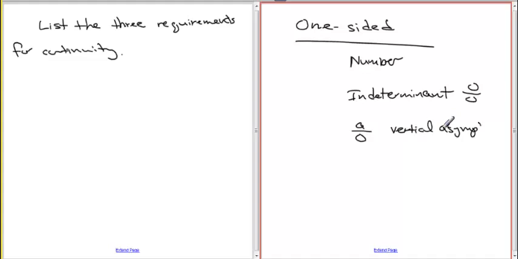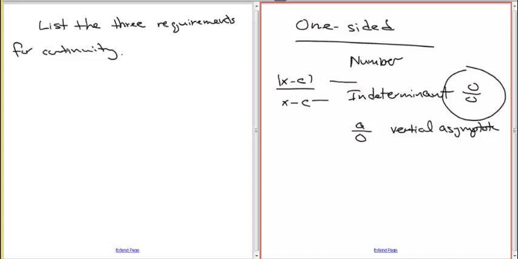Now there is one special case here of indeterminacy, which is the absolute value thing, where you have the absolute value of x minus c over x minus c, or x plus c. And that one, look at your sheet.